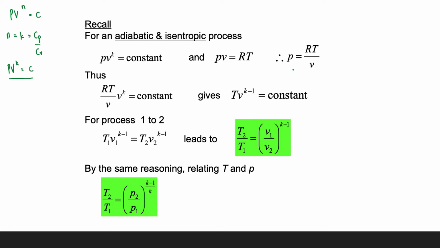And if we replace V is equal to RT over P in this equation, then we will get T2 over T1 is equal to P2 over P1 to the power of K minus 1 over K.